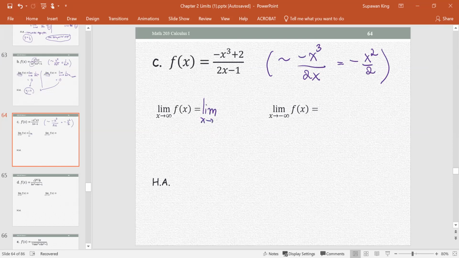Limit as x approaches infinity, and we look at the leading term, negative x squared over 2. Remember, the limit is the behavior of the graph, or basically where the y value approaches. So as x approaches infinity, we have a negative sign, divided by 2, and the power 2.